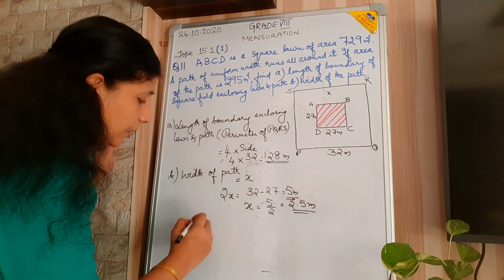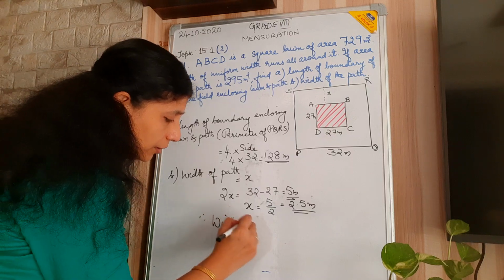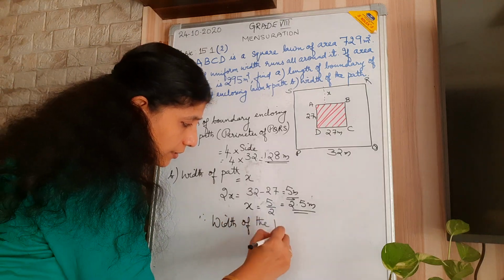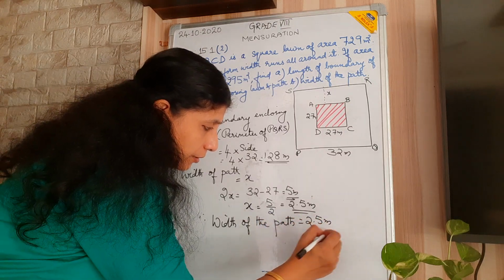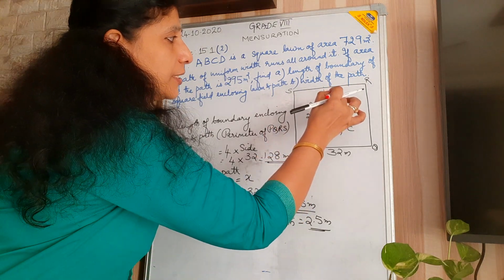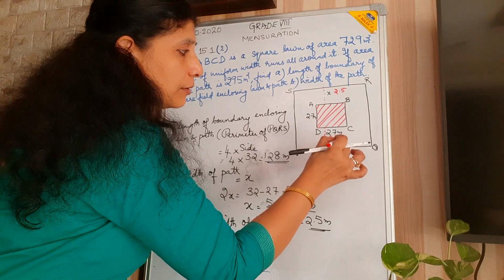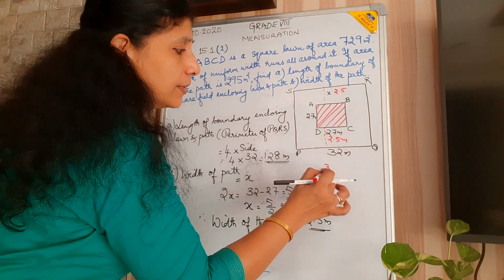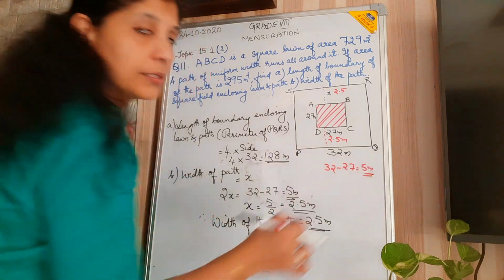Therefore the width of the path is equal to 2.5 meter, because if this is 2.5 meter, this will also be 2.5 meter. That is why 32 minus 27 is 5 meter, isn't it?